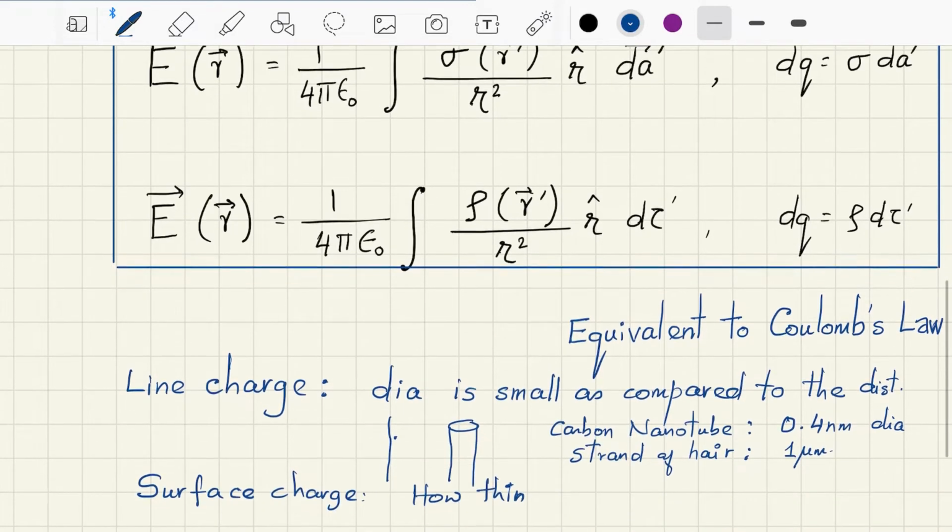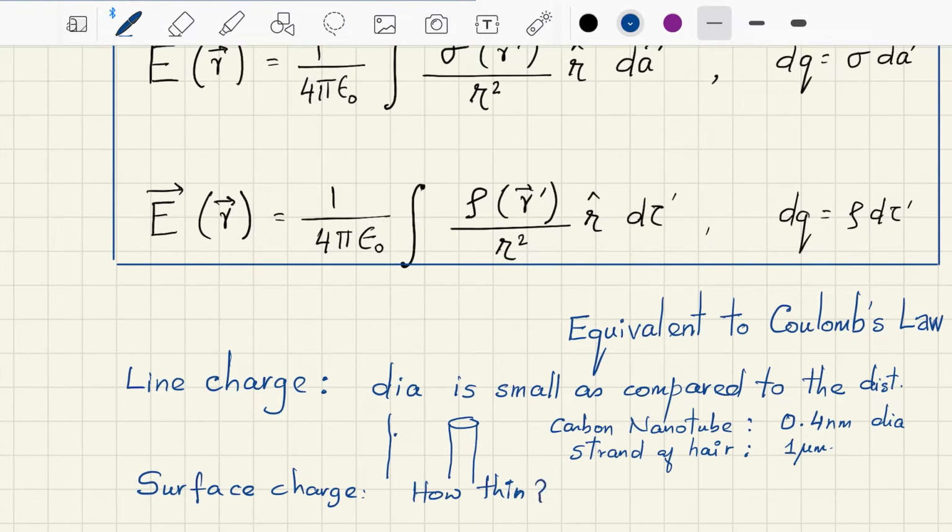Now, how thin is a surface charge? What are the examples of a surface charge? For example, a piece of paper in a photocopier: the paper is charged with a corona discharge. Now, paper for our analysis in a photocopier can be considered a surface charge.